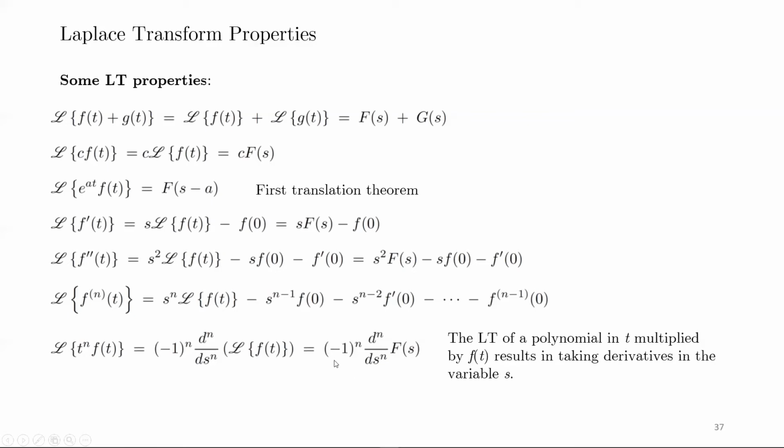So I can write this as -1 to the n, d^n by ds^n, of F of s. The Laplace transform of a polynomial in t multiplied by f of t results in taking derivatives in the variable s. We'll look at an example of that shortly.